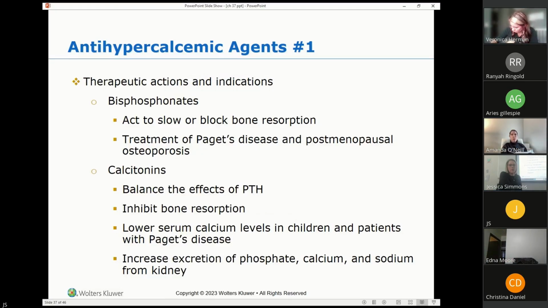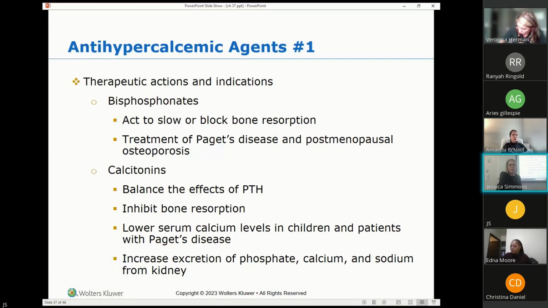These drugs, we have biphosphonates and calcitonin. Biphosphonates are one thing I want you to know about and look at. They are well absorbed from the small intestine. They do not undergo metabolism, excreted relatively unchanged in the urine.